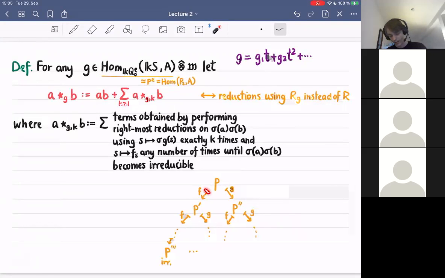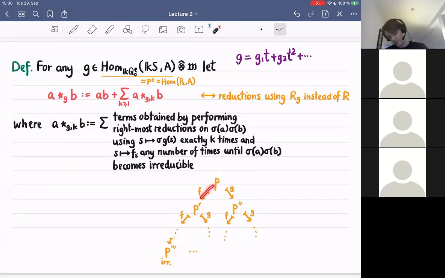And so you get a diagram like this, where you can either use the old reduction again and again, or you can use these reductions using G. Then you get an infinite expression like this.